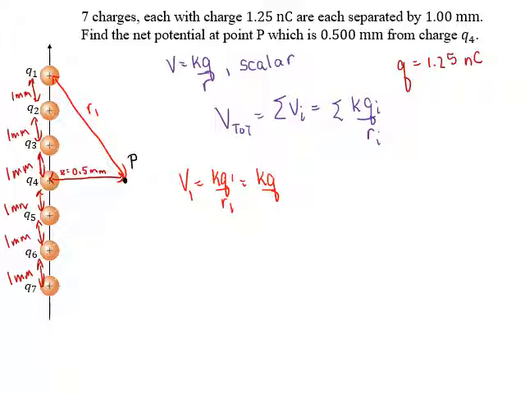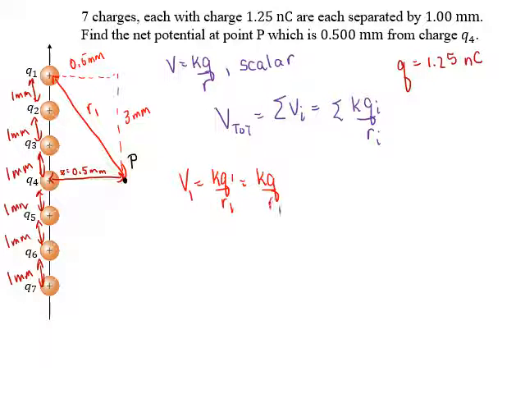I've got to figure out R1 from my geometry. So R1 is the hypotenuse of a right angled triangle. The legs are 0.5 millimeters and 3 millimeters. Okay, so maybe I'll even try and put that in the diagram over here. So 0.5 millimeters and 3 millimeters.